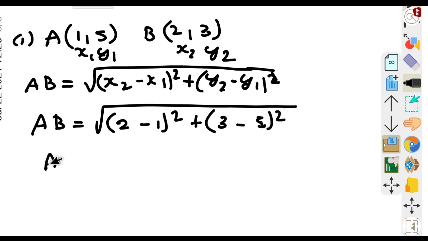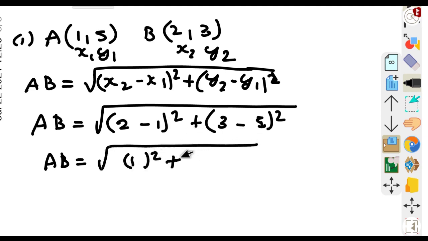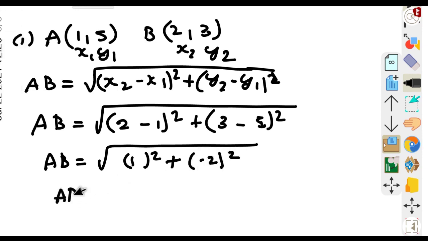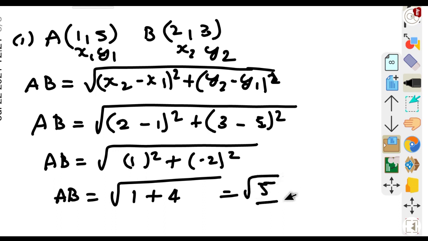So AB equals the square root of 2 minus 1 is 1 square plus 3 minus 5 is minus 2 square. So AB equals the square root of 1 square is 1 plus 2 square is 4. Any minus square will be plus, so minus 2 square is nothing but 4. So the answer will be root 5 units. Now this is the answer for AB.